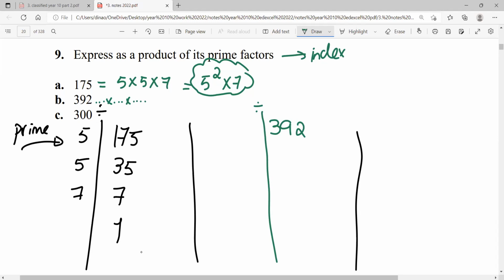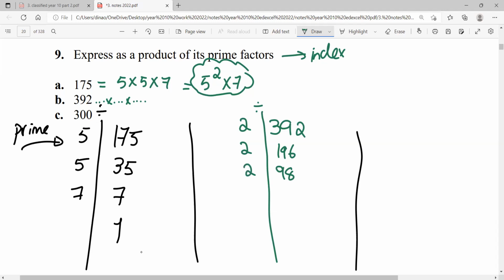The 392 can be divisible by 2, so I divide by 2. And again, the word divisible means you divide without remainder. Now, can we use the 2 again? Yes, of course I can, so use it. 196 divided by 2 is 98. Can I use the 2 for the third time? Of course.